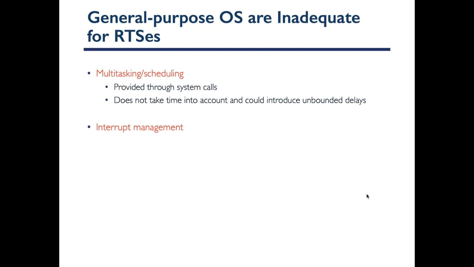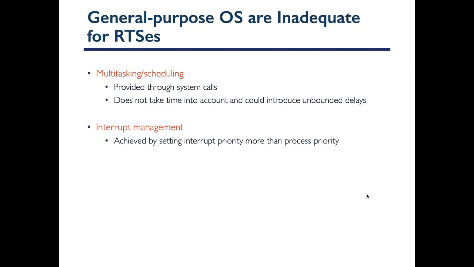Now, the same goes with interrupt management. The way that we deal with interrupt management in a general purpose operating system is through interrupt handling, which is basically what you're doing for lab 3. And what interrupt handling does is that it's kind of like the highest priority thing in the system. When an interrupt happens, you hold on to whatever you were doing and you start dealing with that interrupt.